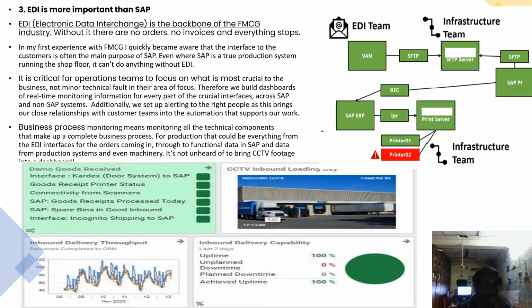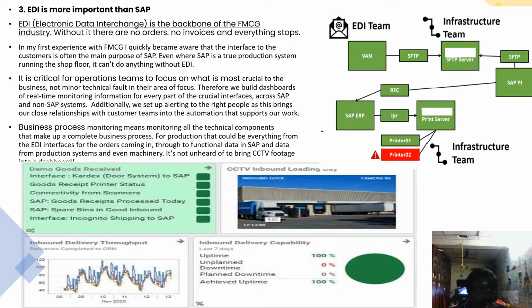Even if you are running an internal operation within SAP, if it is related to order, invoice, or delivery, it should be intimated to the customer or client, or retail outlet. So EDI is important. We cannot run FMCG in SAP without EDI.